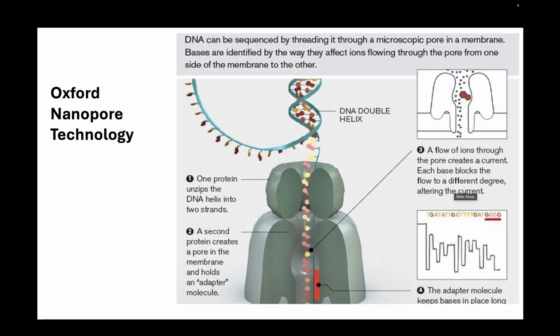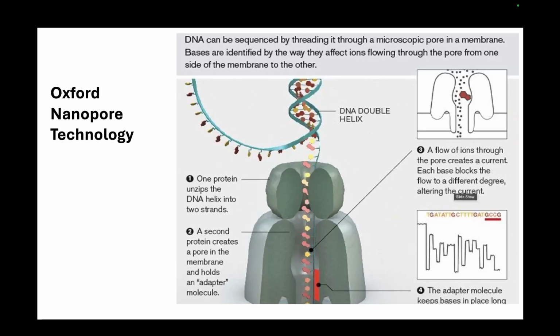So it is studying how the current is getting blocked off, and each of the bases has a distinct signature in how it blocks the current. As it is written here, each base blocks the flow to a different degree, altering the current. Depending upon how the current is, you can predict what your sequence is. This is a much higher technology than all the sequencing we have seen so far.